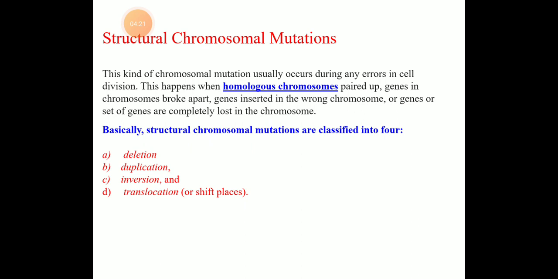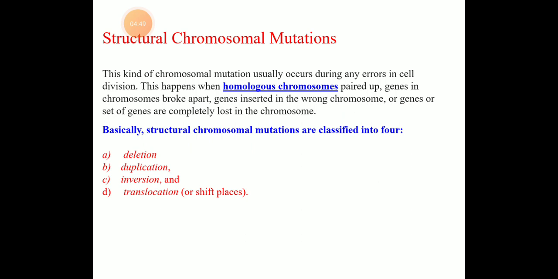This kind of mutation usually occurs due to an error in cell division, when homologous chromosomes pair up. When homologous chromosomes pair up, genes in chromosomes break apart, genes are inserted in the wrong chromosome, or a set of genes is completely lost in the chromosome.